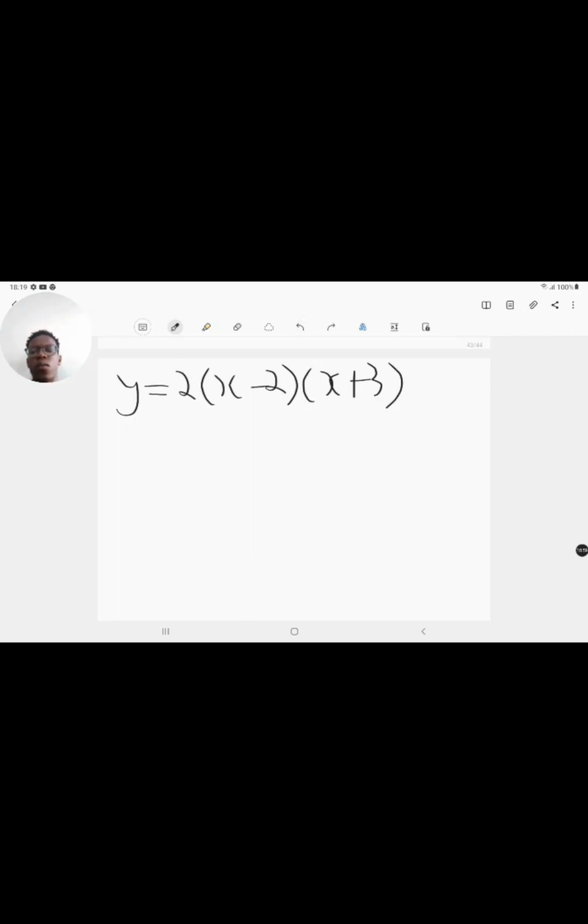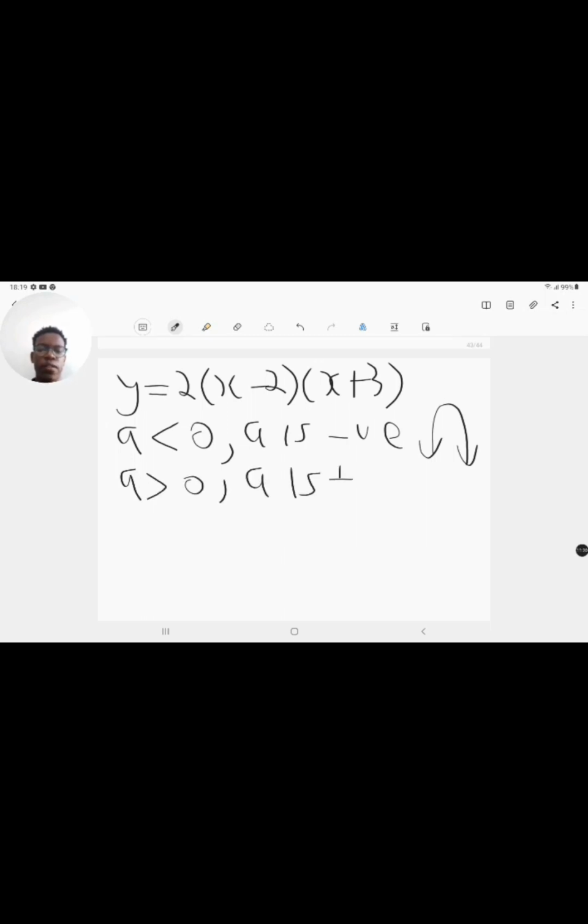What do we know about a? We know that if a is less than 0, that means a is negative, and if a is negative, then a is sad. It has a frown. If a is greater than 0, then a is positive, and a is smiling. It has a smiley face.